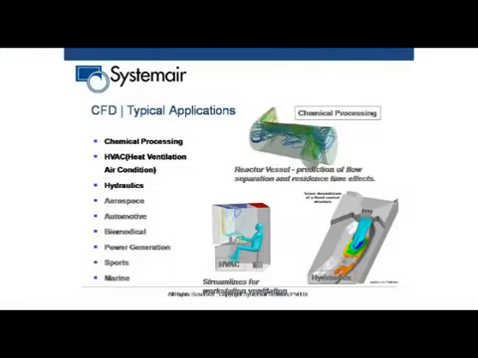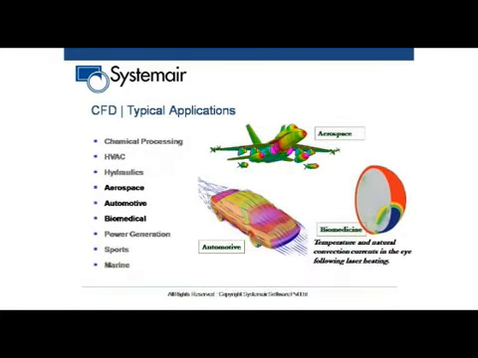These are the typical applications of CFD. Over the years, it was traditionally more used in aerospace. Here you see chemical processing, a hydraulic dam example, and HVAC, of course. Aerospace is where it all started.